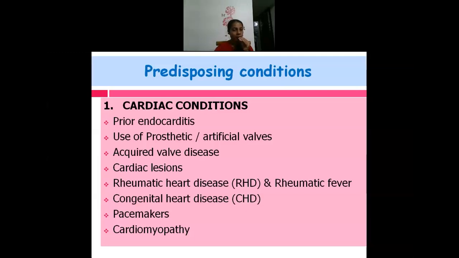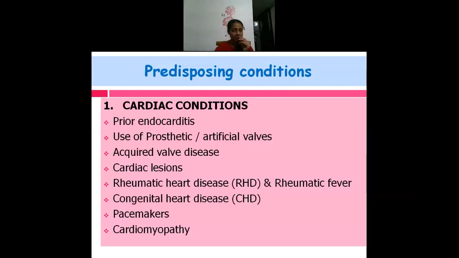Next, if a person has any lesions on the heart, or if they are suffering with RHD and RF, that we will discuss in the coming classes. RHD is a disease condition referred to as rheumatic heart disease, and RF means rheumatic fever. Or sometimes when a child is born, they may have some congenital heart problems. In such children there is a risk of developing endocarditis.